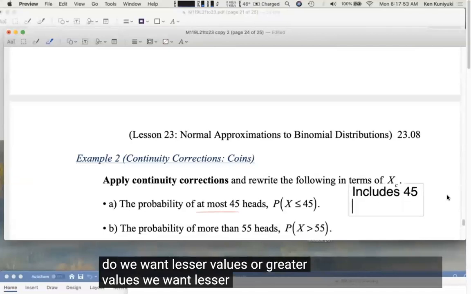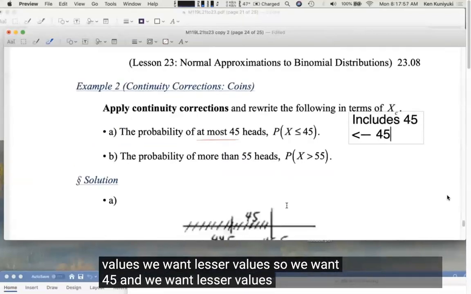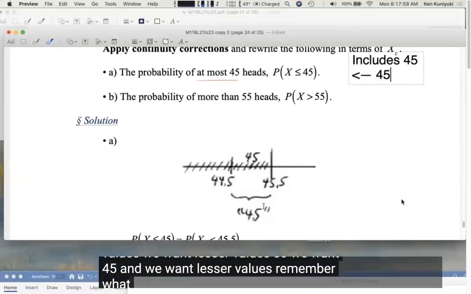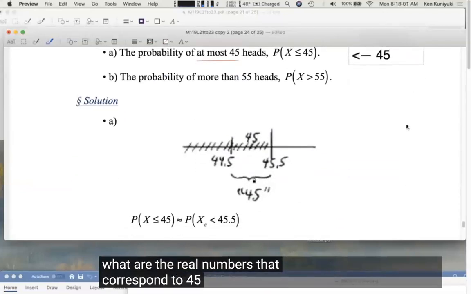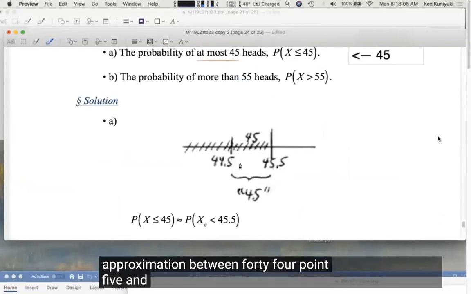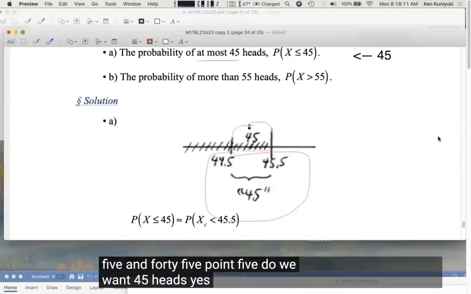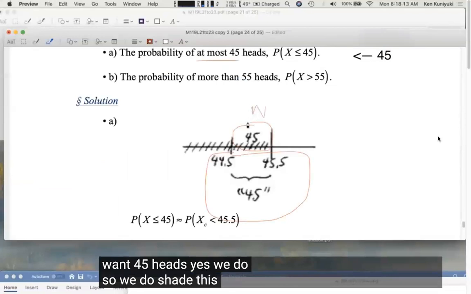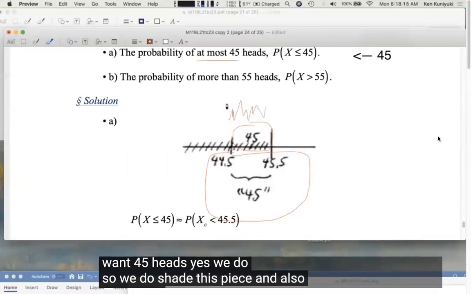We want lesser values. So we want 45 and we want lesser values. Remember, what are the real numbers that correspond to 45 for the normal approximation? Between 44.5 and 45.5. Do we want 45 heads? Yes, we do. So we do shade this piece and also everything to the left.